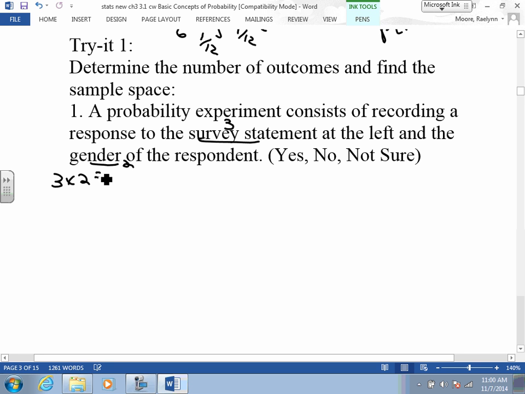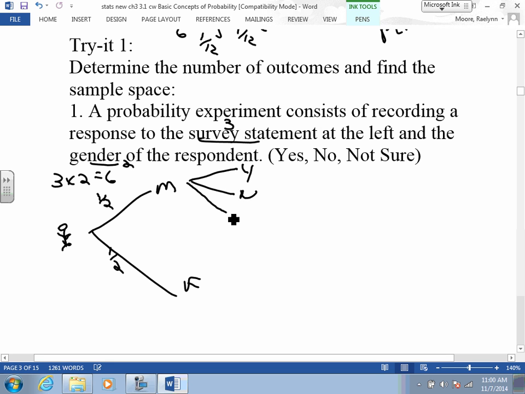How should I start my tree? Okay, 2 lines, and they'll be male, female. What's their probability? 1/2, just like the heads and a tail. Now, how many responses to my survey? 3. So we've got a yes, we have a no, and I'm just going to put S for not sure.